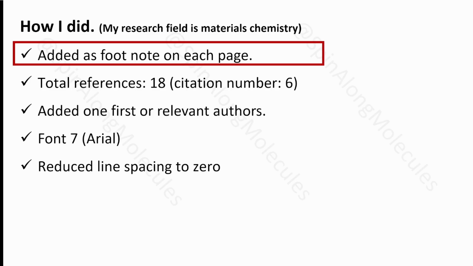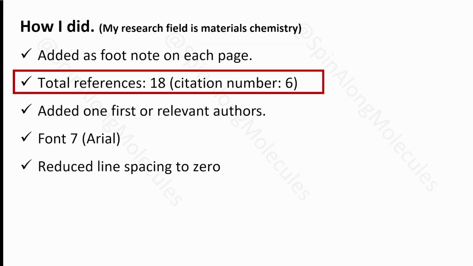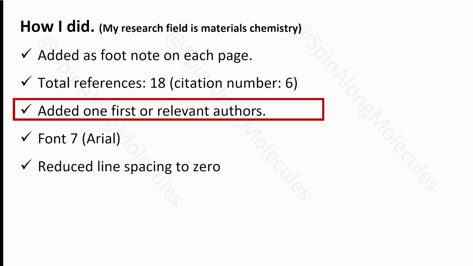The total number of references in my proposal was 18, with a total citation number of 6, so some citation numbers had multiple references in them. For the authors list, I only added one author, or sometimes two when they were critical or relevant to that field. So again it depends on you. You can even exclude the authors if your references are taking too much space.